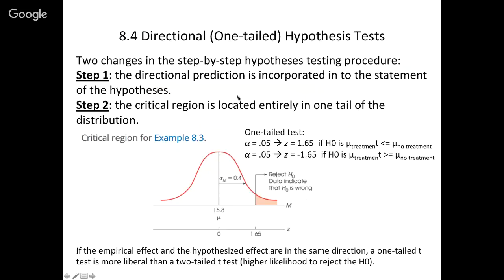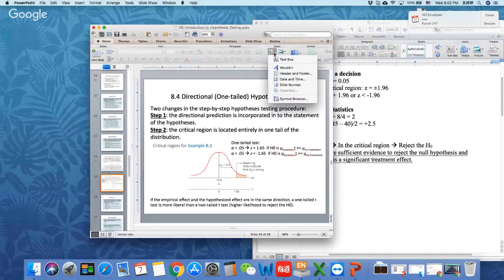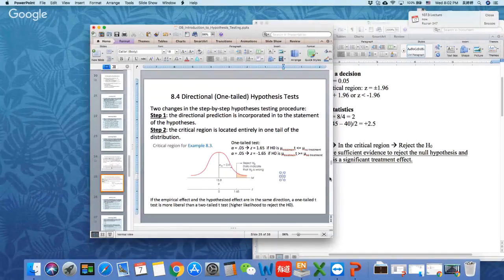So if you are going to find the z score corresponding to the alpha value for a one-tailed test, you need to use the boundary.